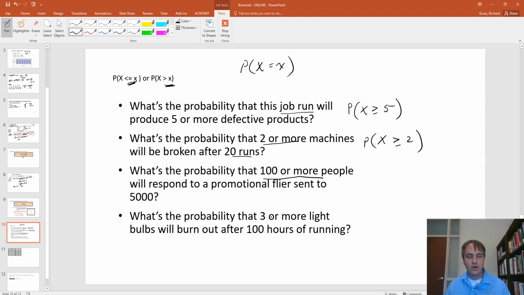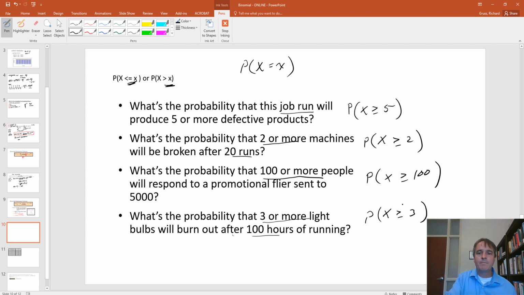So we can see that these are all binomial questions, but we're not dealing with an exact value. So we're looking for the probability that x is going to be greater than or equal to 100. And then here, the probability 3 or more light bulbs will burn out after 100 hours of lighting. So the probability x is greater than or equal to 3.